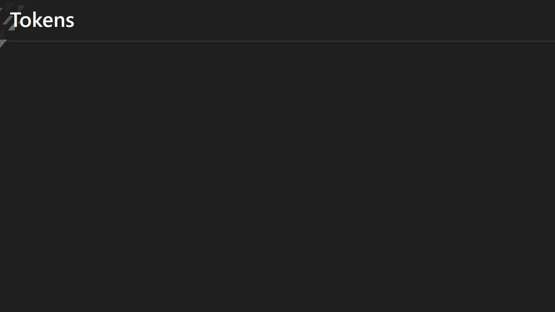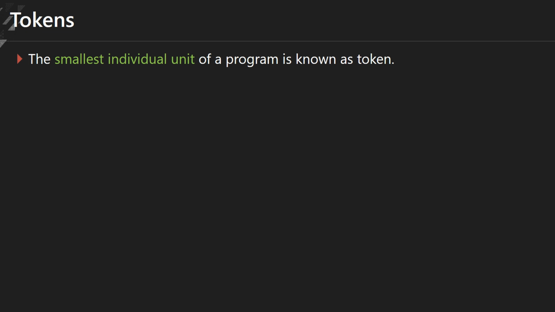Tokens are a very important topic in your C programs. They may ask this kind of question: define the following terms, what is a variable, what is a token, and what is a constant. Tokens: the smallest individual unit of a program is known as a token.